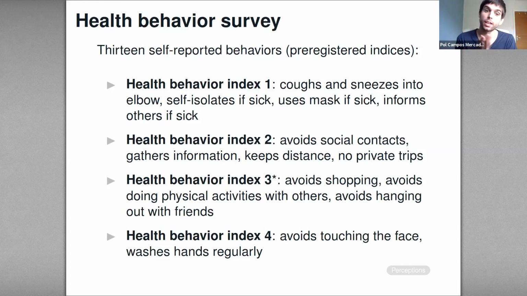Something I didn't tell you is that on a sample of 100 people on Prolific, we asked them to what extent they considered each of these behaviors something that protects yourself or something that protects others. So something that has large externalities or something that does not have that large externalities. And then we put them together, creating these indices depending on whether the groups had huge externalities or not.